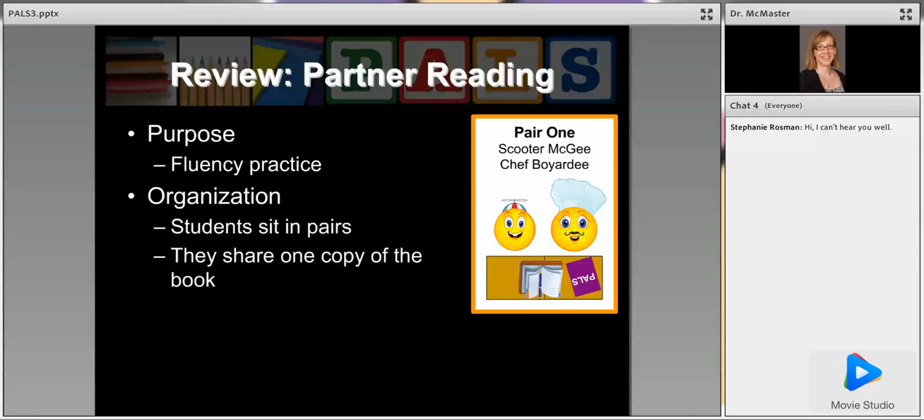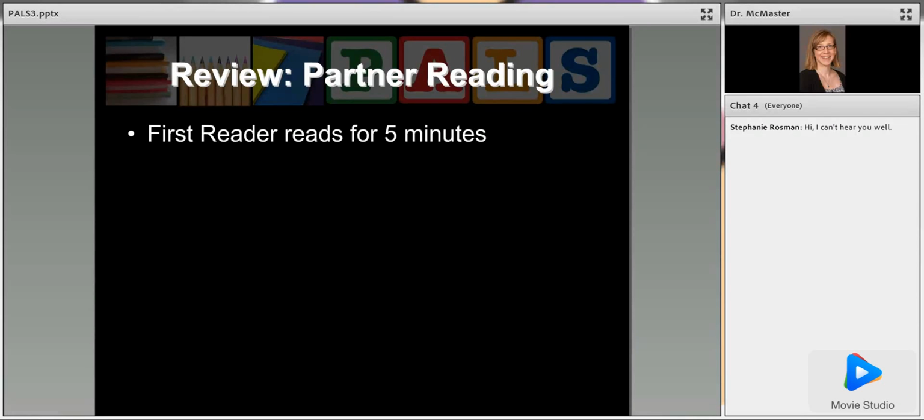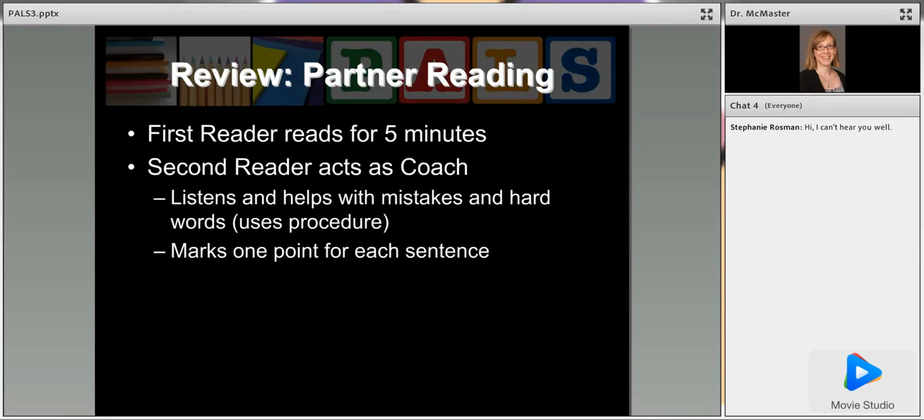They have 1 copy of the book and the other PALS materials that they share between them, and they engage in the partner reading activities, which entail the first reader reading aloud for 5 minutes, while the second reader acts as the coach, and the coach listens and helps their partner with any mistakes or hard words using a very specific correction procedure, and marks 1 point for each sentence.